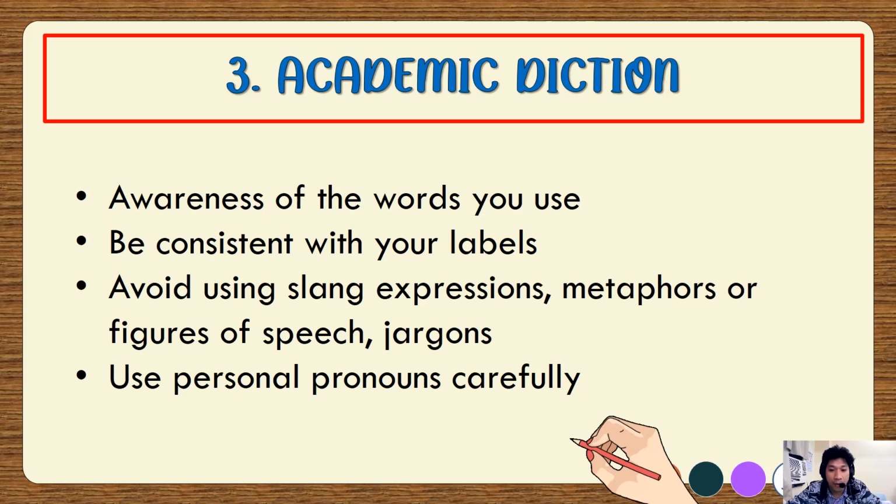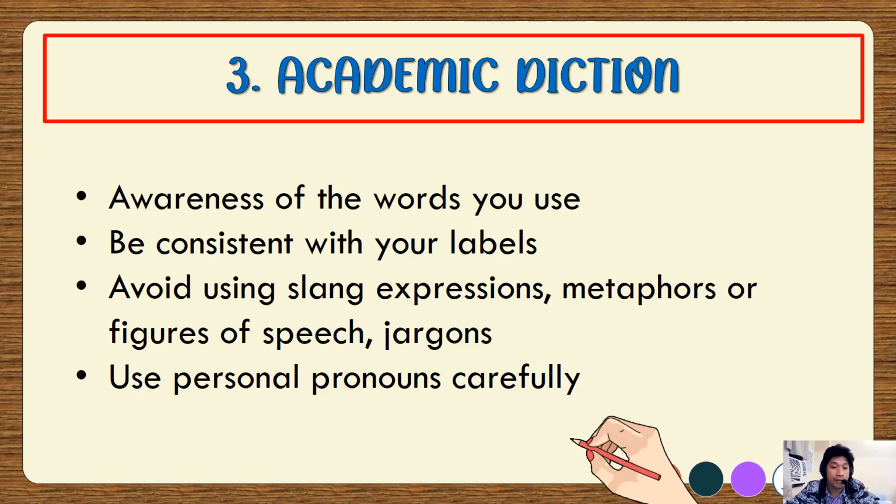The metaphors or the figures of speech, of course, those are words or phrases that are used in a non-literal sense for rhetorical or for vivid effect. And of course, the jargons, the special words or expressions used by a particular profession or a group and are difficult for others to understand.